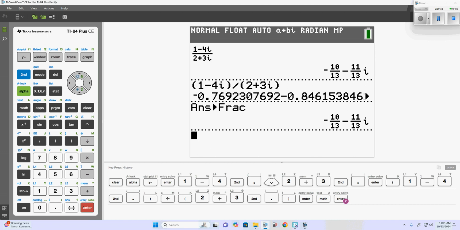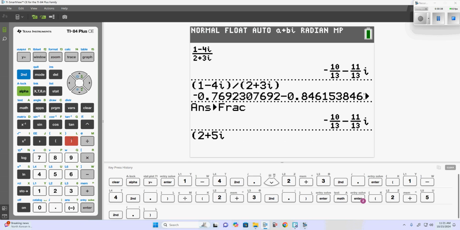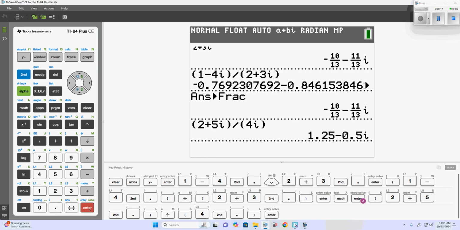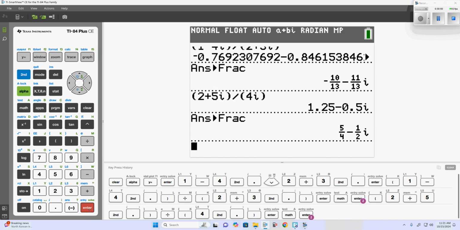Okay, that makes sense. So if you look at the next one on the back, the first one on the back. I want to see if I can do it.